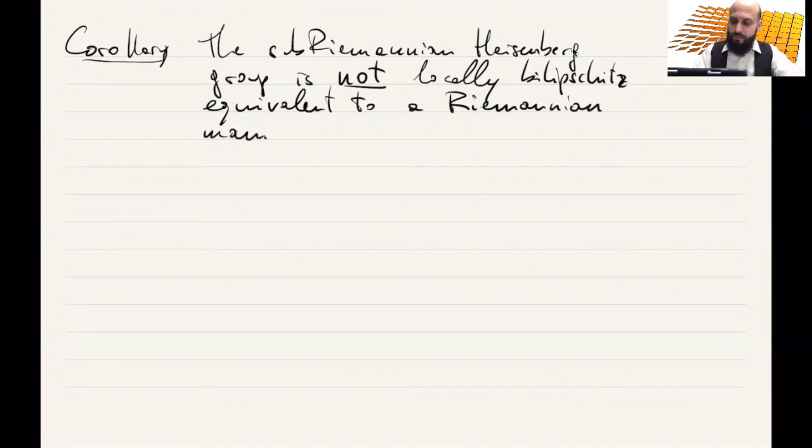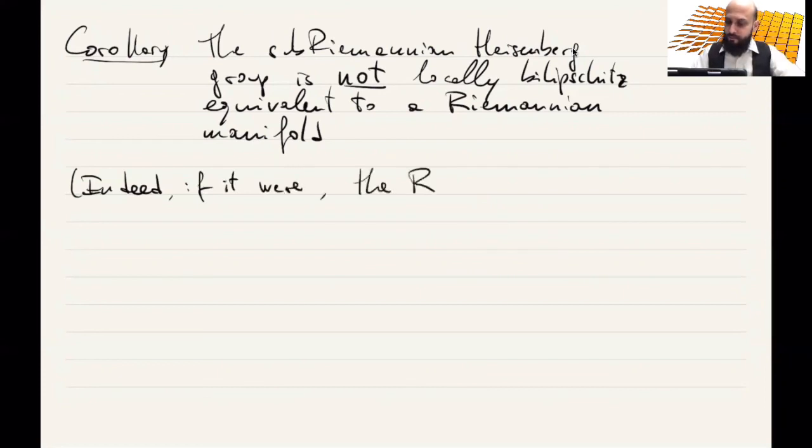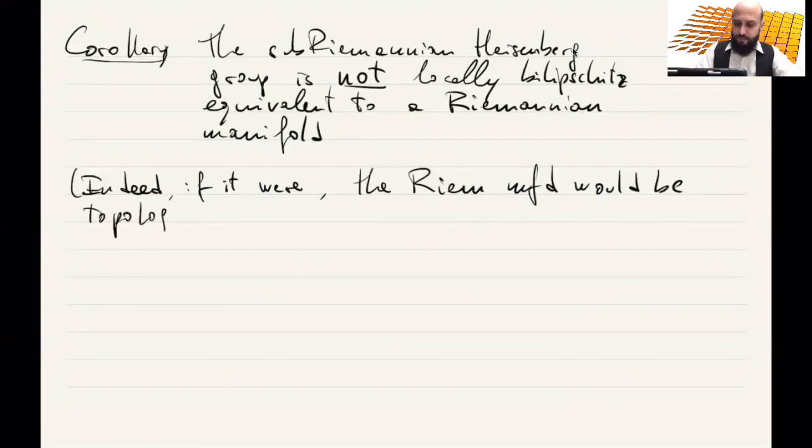Why is this true? Indeed, if it were, the Riemannian manifold would be topologically three-dimensional, like the Heisenberg group.